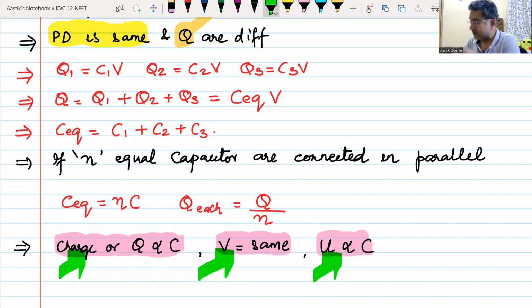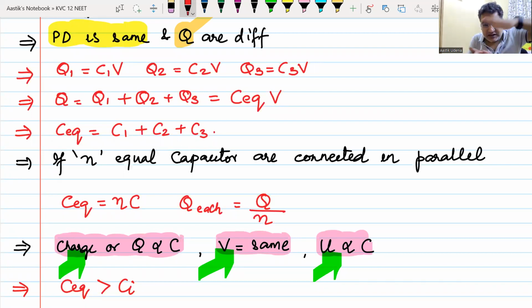One last thing that you have to remember, in this case, the equivalent capacitance will be greater than any individual capacitance. So remember, when you want to increase the capacitance, you connect capacitors in parallel. Capacitance will increase.